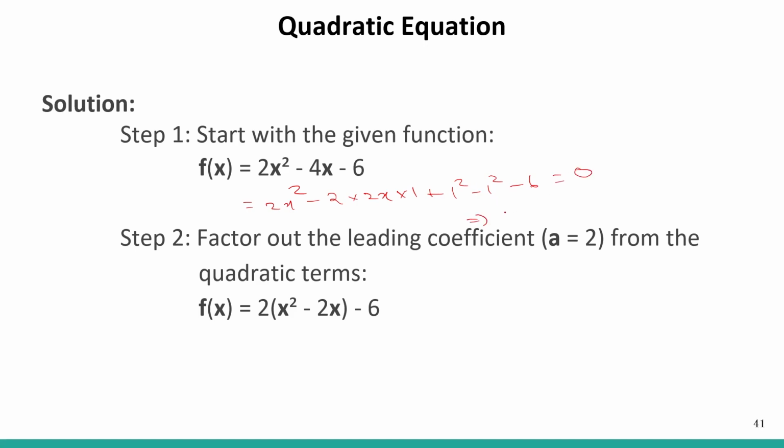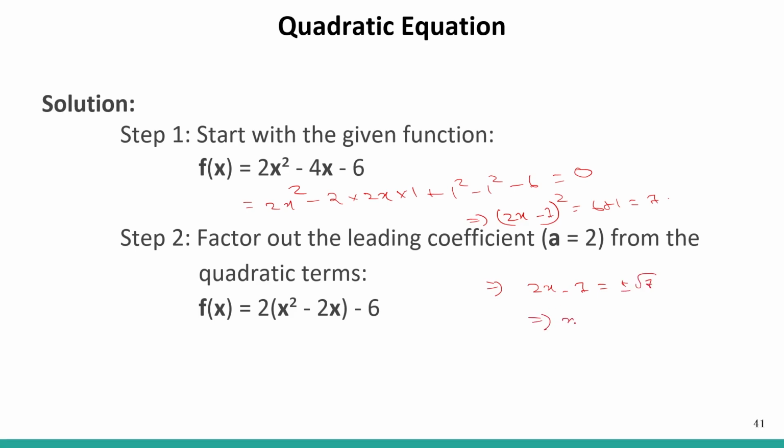So this implies that (2x - 1) whole squared is equal to what? 6 plus 1 is equal to 7, right? So this implies that 2x minus 1 is equal to plus or minus root 7.